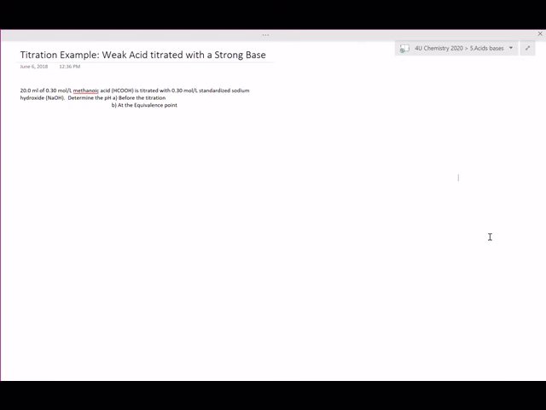We are going to be pulling together stuff from the last 3 lessons. So 3 lessons ago we learned about weak acids and weak bases and the Ka and Kb values. Then we did salts and figuring out if a salt was going to be basic or acidic.